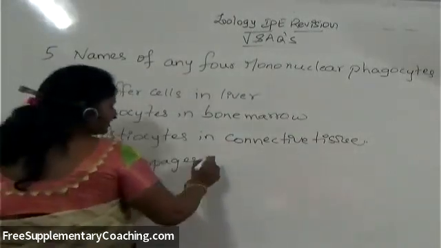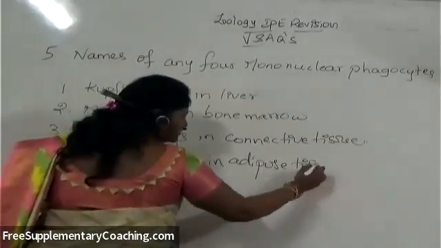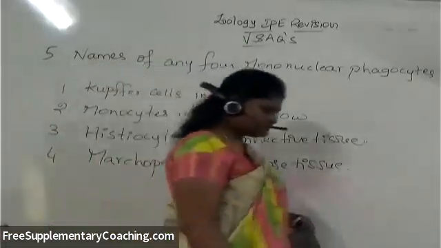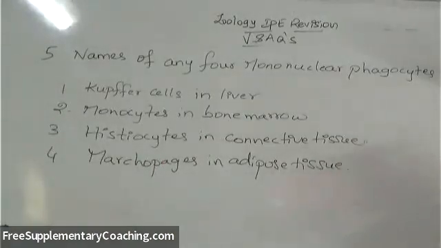Like that, you can write the names of 4 mononuclear phagocytes. So, it is Kupffer cells present in liver, monocytes in bone marrow, histiocytes in connective tissue, and then macrophages in adipose tissue. So, these are 4 mononuclear phagocytes.